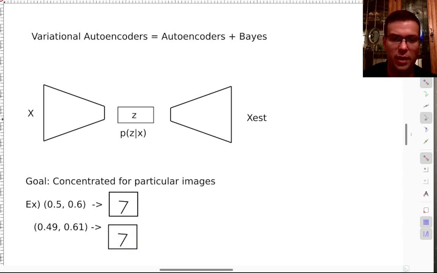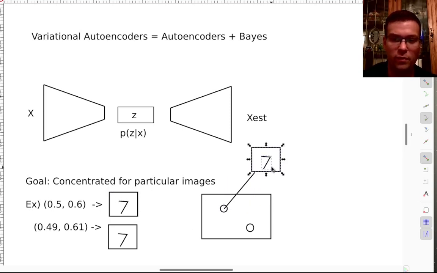Another way to look at that is if I zoom in on the latent space here, I kind of expect there to be a little blob where maybe all the 7s are, and then maybe a little blob where all the 5s are. That's kind of the idea. So maybe that particular 7 has the highest probability in the center of this blob, but if I move a little bit in that circle, I still see that 7.